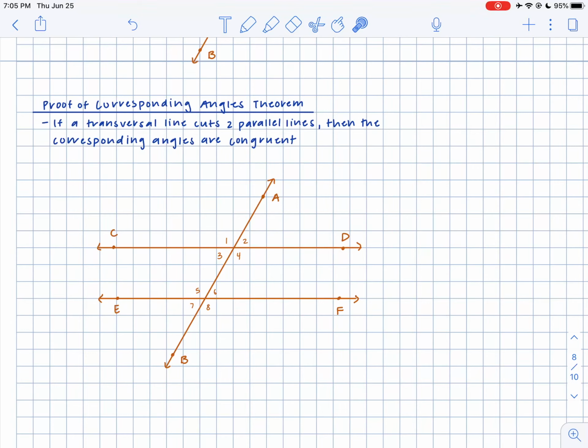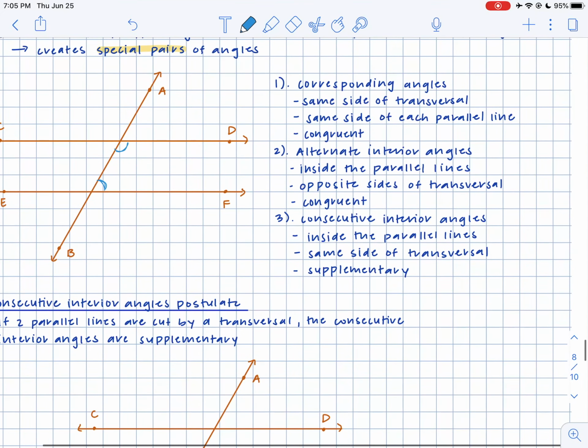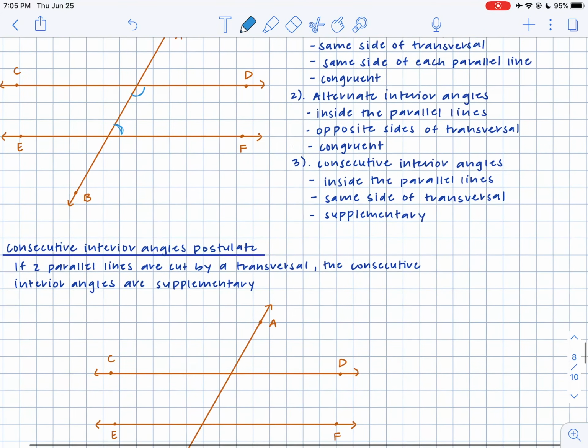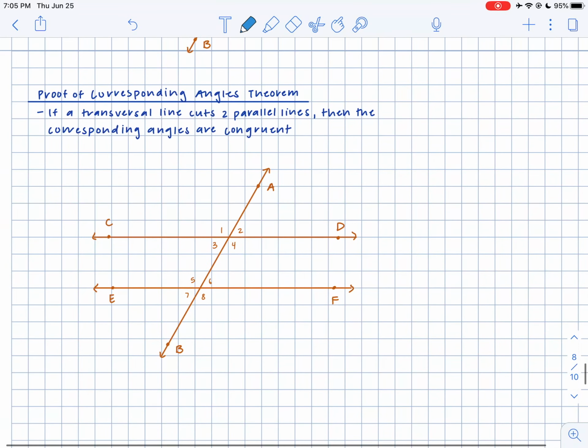So this states that if a transversal line cuts two parallel lines, then the corresponding angles are congruent. Remember, what are corresponding angles? Well, if we look up here, these are the ones that have a similarity and they are congruent. So that would be 2 and 6. So now let's try to prove that, okay?